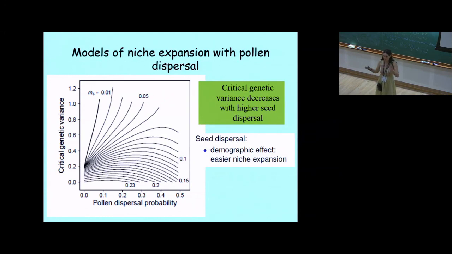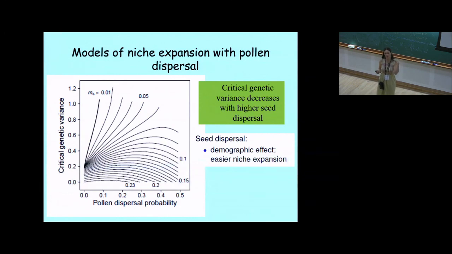Okay, so it was not completely obvious at the beginning because seed dispersal has two effects in this context. We already saw that it puts individuals in the new habitat, so it exposes these individuals to the selection in this new habitat, and if you don't do that, you will never adapt to this habitat anyway. And it adds more individuals to the habitat, so it's increasing the population size in this habitat, which is the first step to adapt to this habitat.